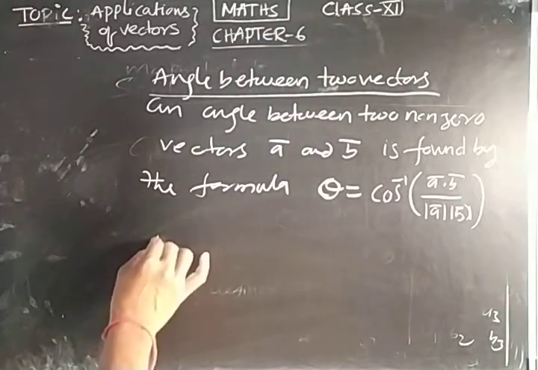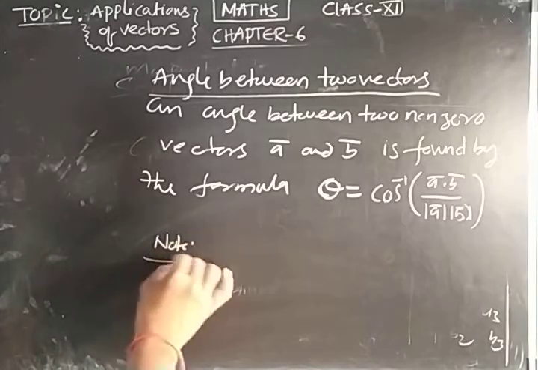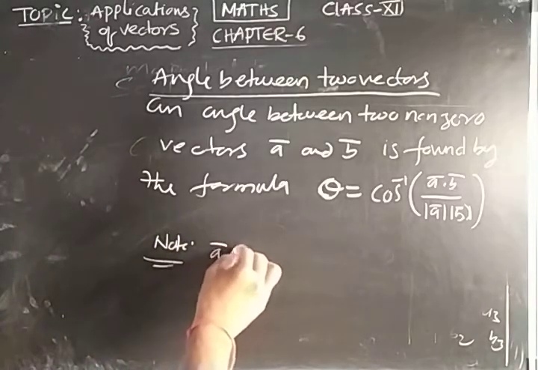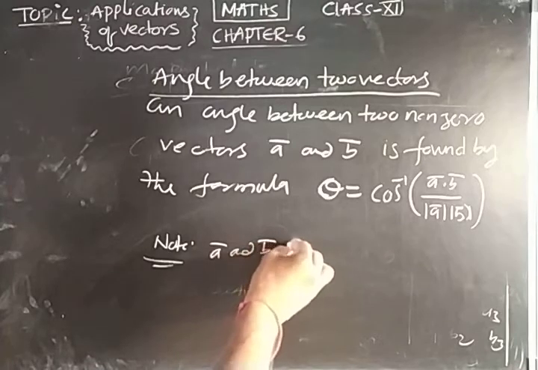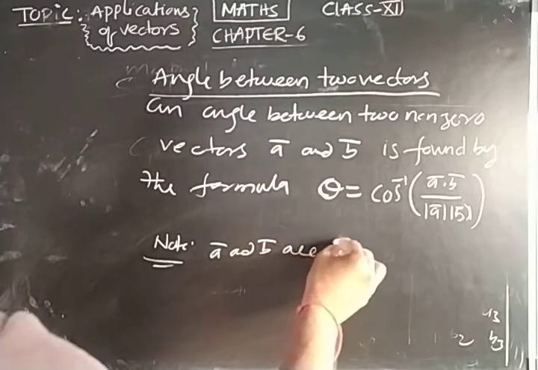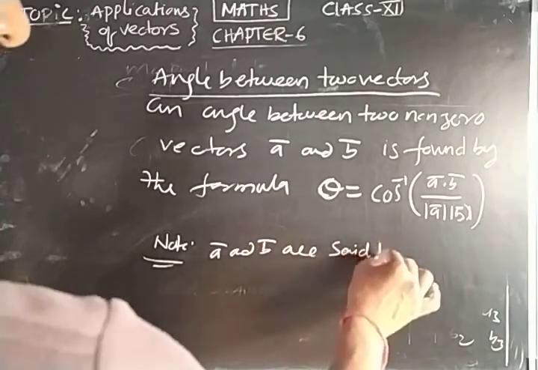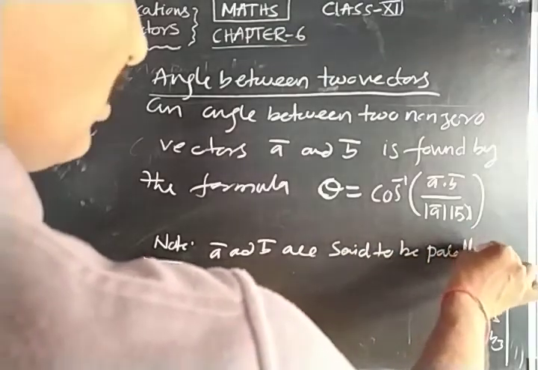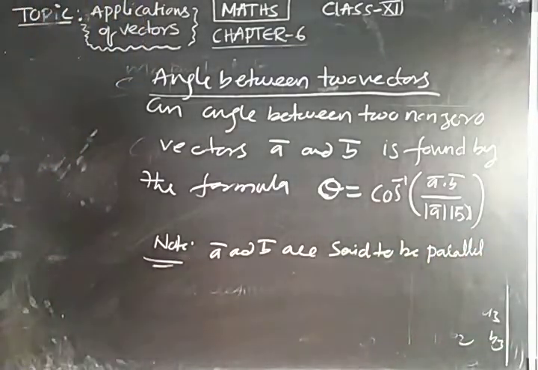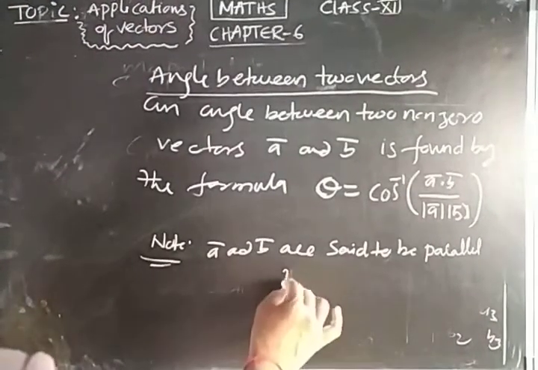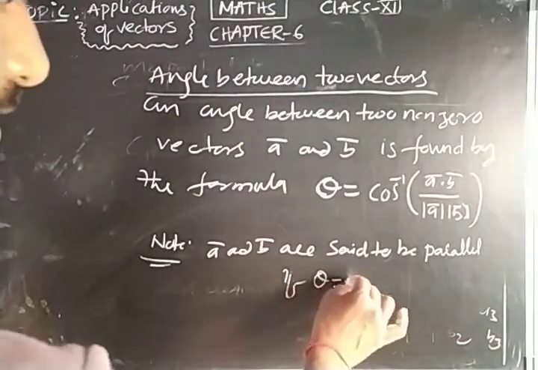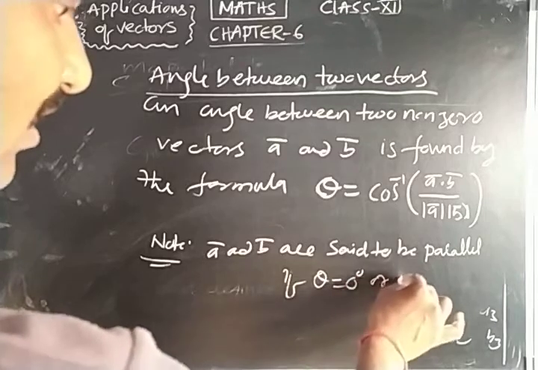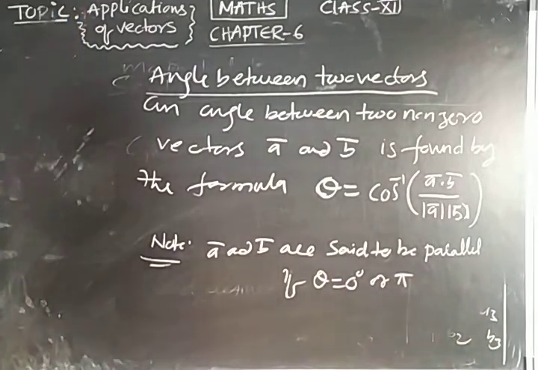Here write a note: a bar and b bar are said to be parallel when theta equals 0 degrees or pi, then they are said to be parallel vectors.